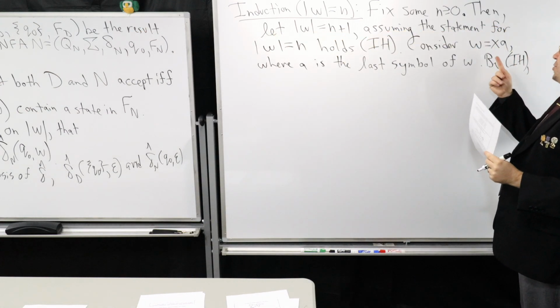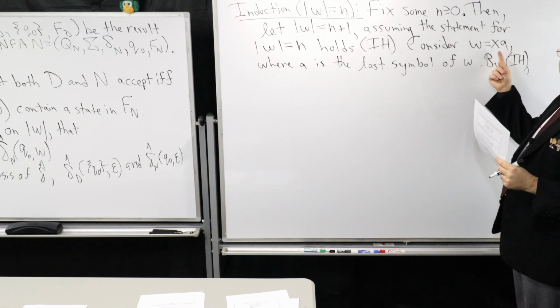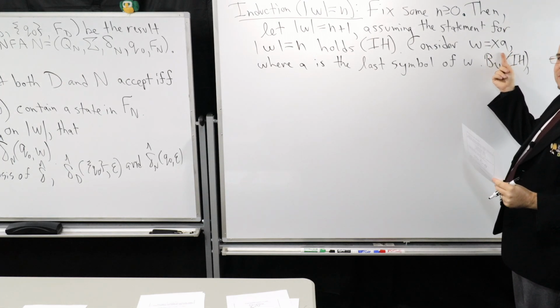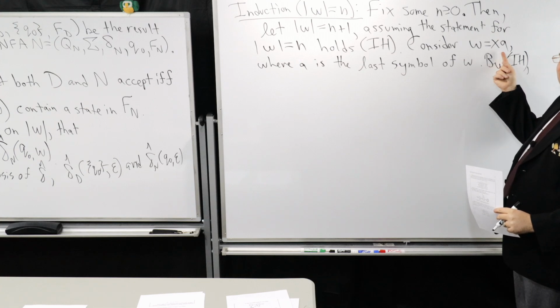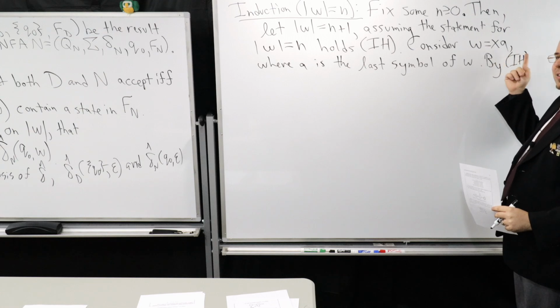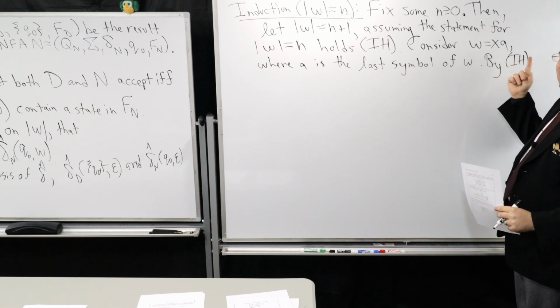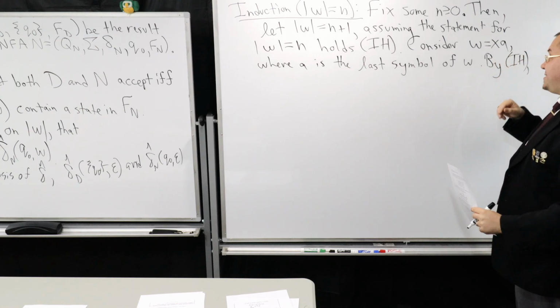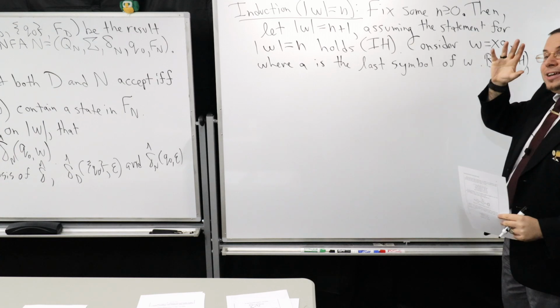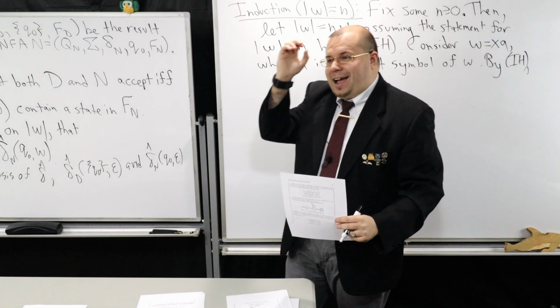Can somebody point? Which one of these two is a string of length n? Is it X or A? One of these is of length n. Which of these two? Yeah, X. So we're going to invoke the induction hypothesis on X.